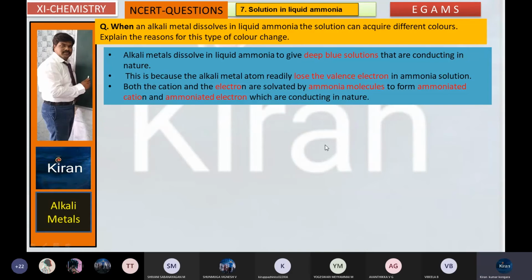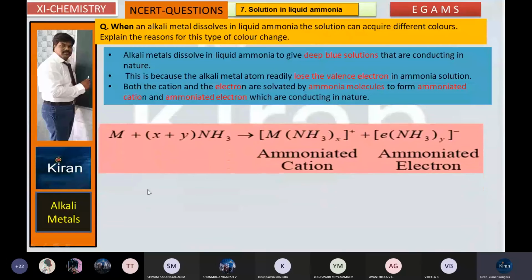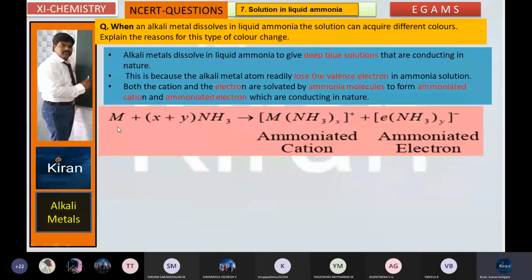Now I am going to show you the chemical reaction. M stands for a metal. This metal reacts with x plus y moles of ammonia. You will get ammoniated cation, M(NH3)x plus, where x is the number of moles, plus the electron added to ammonia, which is called ammoniated electron.